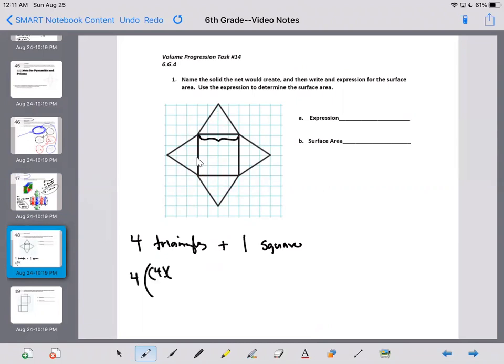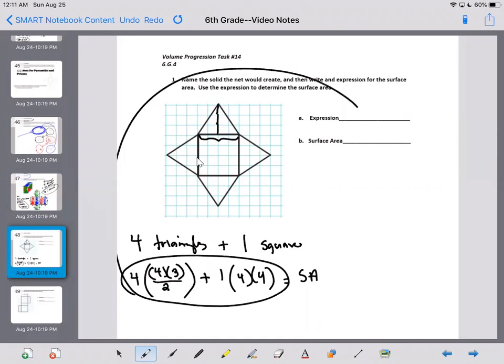What's my height? 3. I'll do 4 times 3 divided by 2, plus there's 1 square that is a, what, 4 by 4? So that would give me the surface area, which would also give me the expression. So this piece right here would fall into what would be your expression.